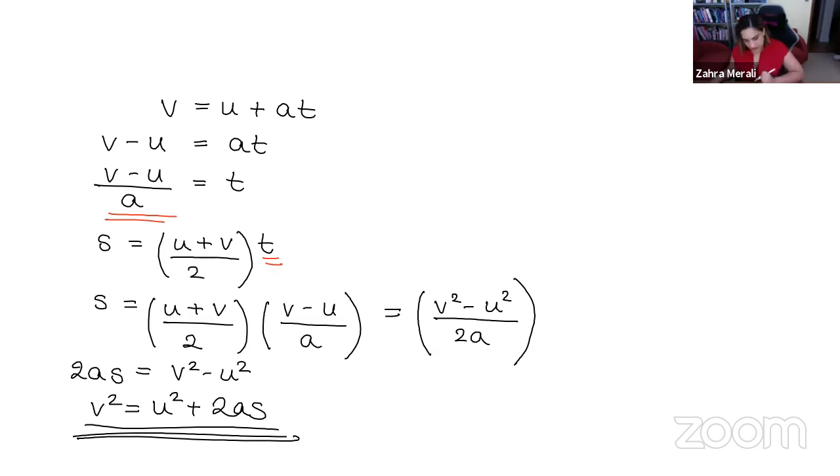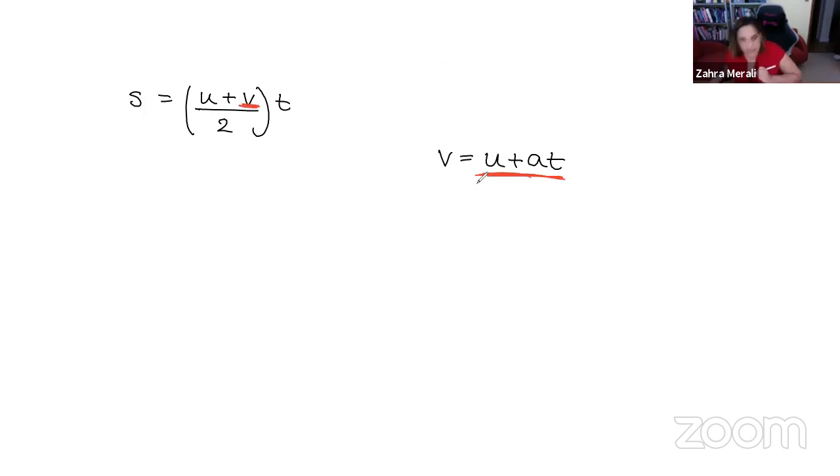So now let's take the next one. We can take our formula we already know, U plus V over 2 multiplied by T. Now I also know that V equals U plus AT. So I can substitute all of this into there.